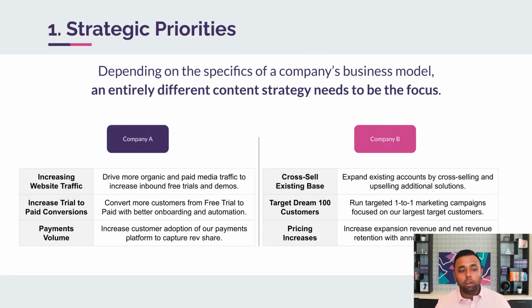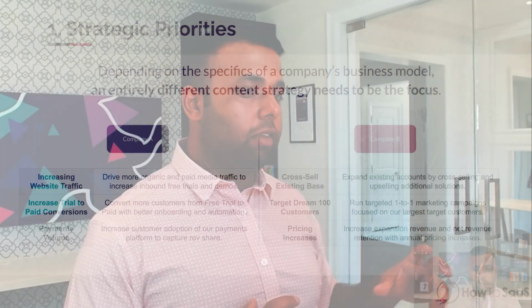And so regardless of what business you're in, whether you're company A here or company B, you want to have this kind of a model built out, often at the department level, at the marketing team level, and that should flow down to the content team level to say, okay, if we are launching our payments platform, what are the assets that we need? Because this seems to be pretty high priority. Similarly, you want all other items listed too, right?